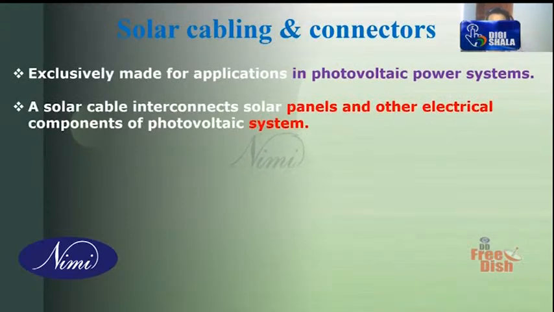The first figure we have seen: from solar panel to AJB, from AJB to isolator, isolator to battery charge controller, to the battery, then charge controller to inverter, again from inverter to AC isolator, AC distribution board, then to the load. So AC cables are required like DC cables are. Both types of cables are required.